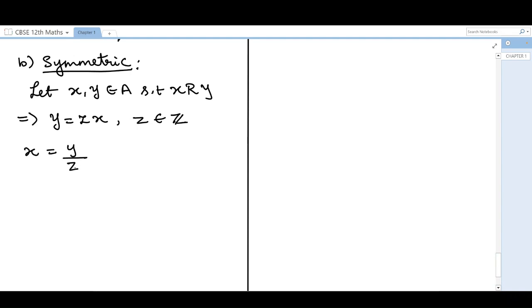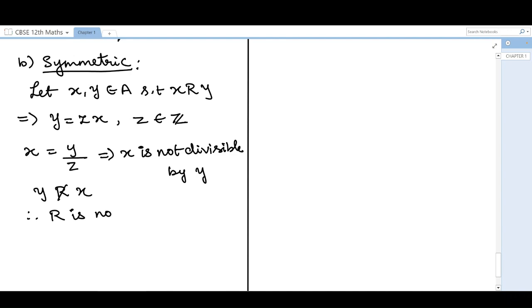So 1 by Z will not be an integer. From this what we could conclude is X is not divisible by Y. So Y is not related to X, therefore the relation R is not symmetric. Clear?